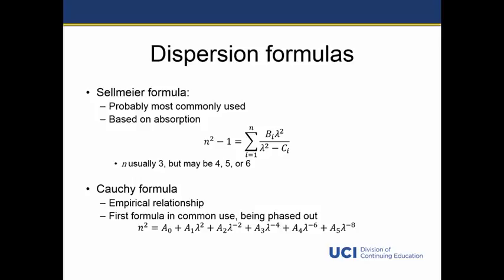Also a Cauchy formula, sometimes also referred to as a Schott formula, that was used quite frequently up until about the mid-1990s. Now most catalogs typically use the Sellmeier formula. It was an empirical relationship, so index of refraction was measured at several wavelengths, and basically a formula was determined to fit that data, and it looked something like this.